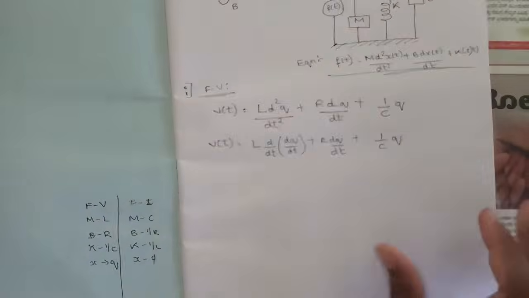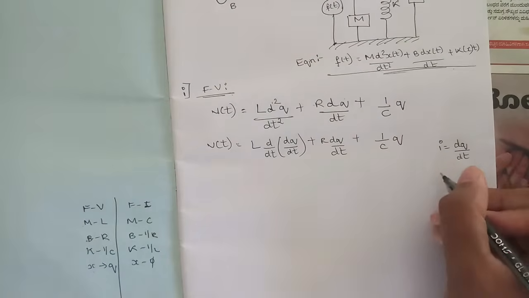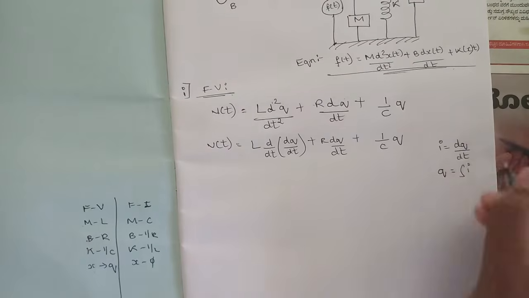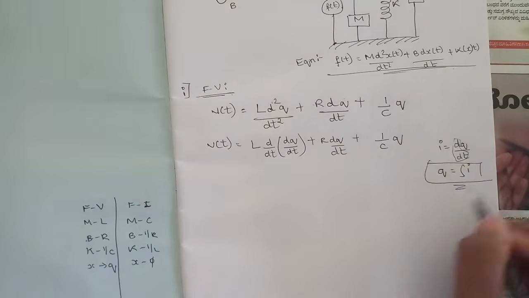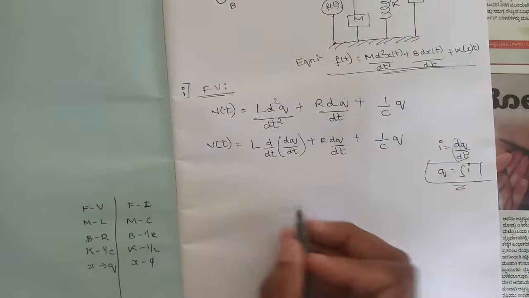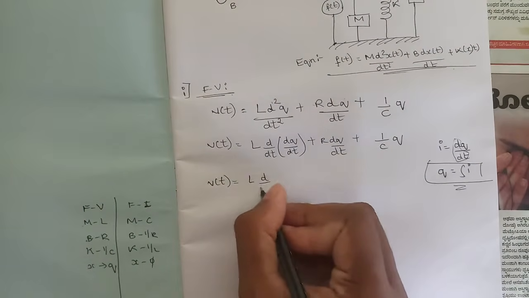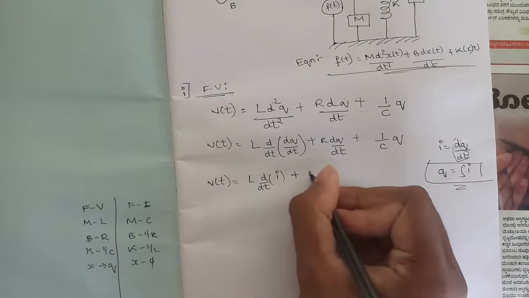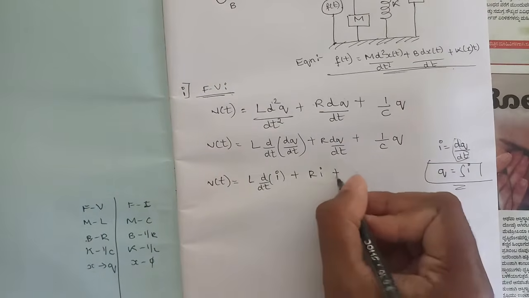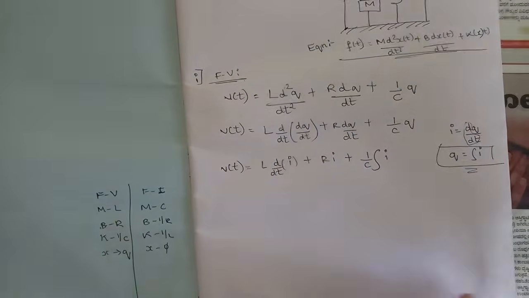Here we need to know the relation I is equal to dq by dt. Also we can say that q is equal to integration of I, since if we take this differentiation to the other side, it would be q is equal to integration of I. So we need to substitute these two in this equation: v of t is equal to L into d by dt of dq by dt, which is equal to I, so write it as I, plus r into I again, plus 1 by c into integration of I dt.